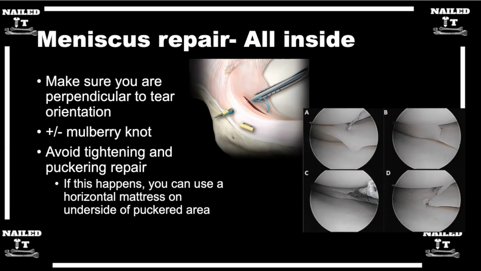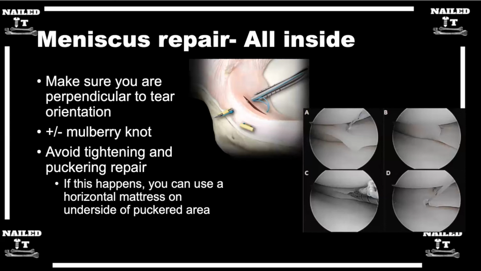But where you can, putting a vertical mattress, which will go one through the meniscus and tear, and the second into the capsule, squeezes that tear together and also tacks it back toward the capsule to stabilize it there.